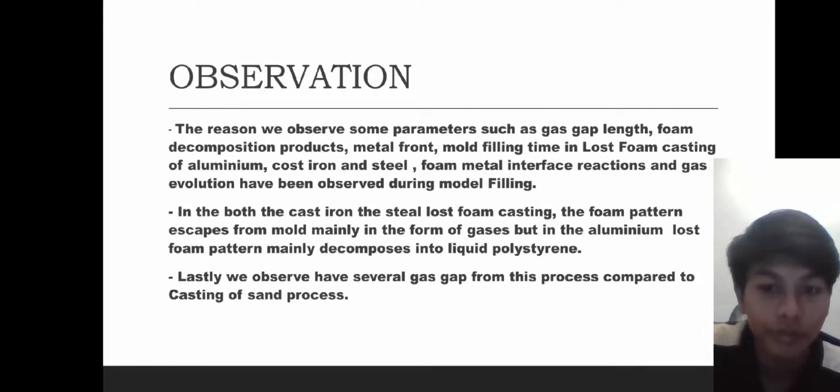The lost foam pattern primarily decomposes into liquid polystyrene in aluminium casting, as opposed to cast iron or steel, where it mostly escapes from the mold as gases. Finally, we see that this method has more gas gaps than the sand casting technique does.